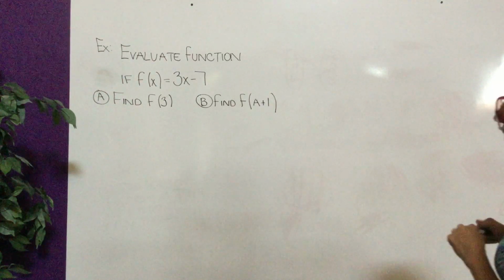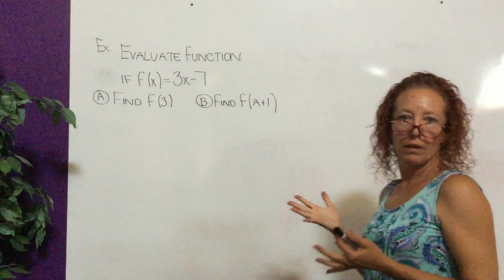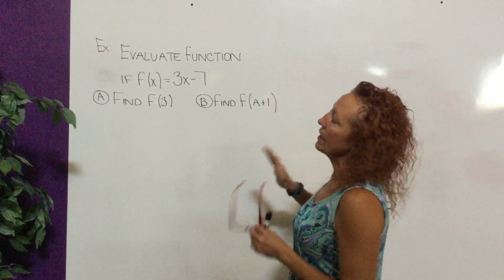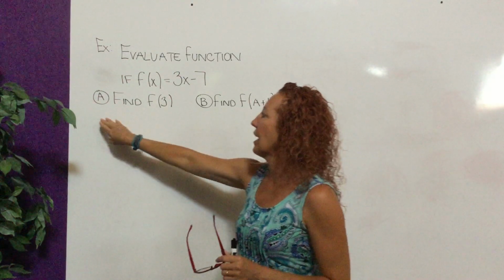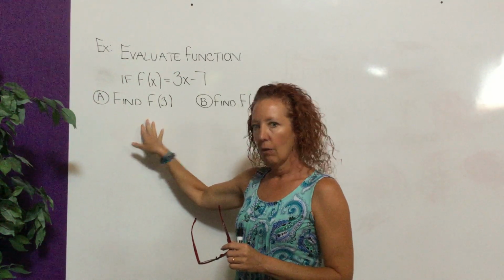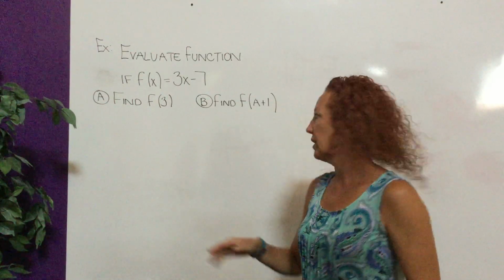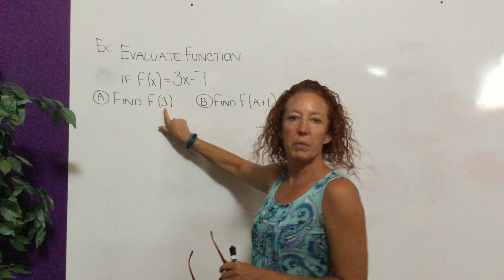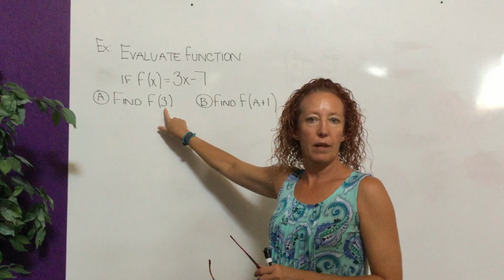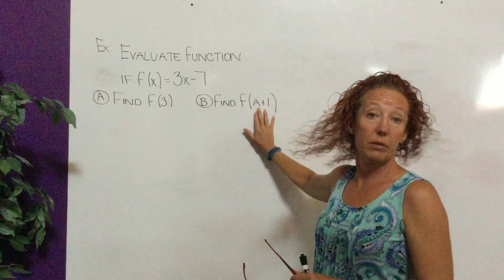All right, so here's our next example. If you're asked to evaluate any function, what you will notice in the notation is that the x is replaced with a particular number or an expression.